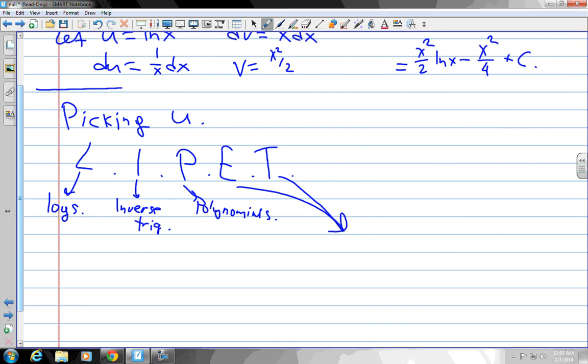The reason I would say that it doesn't matter which one you choose first: if you have an exponential times a trigonometric, it doesn't matter which one is u, which one is dv, because they will just circle, right? You integrate an exponential function as many times as you want, you're back at something exponential. You differentiate an exponential function, it's just going to be an exponential function. Same thing with trig. Sine, cosine, sine, you're always going to be in this trigonometric loop. So for those ones, it doesn't matter.